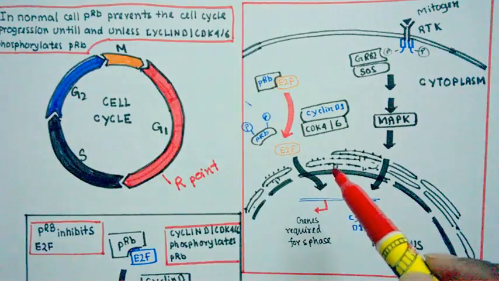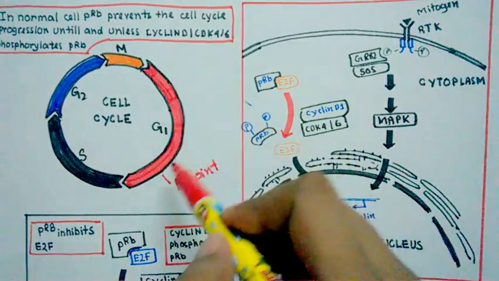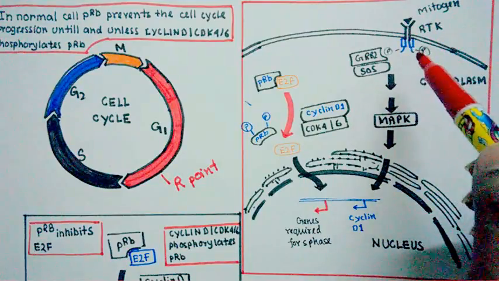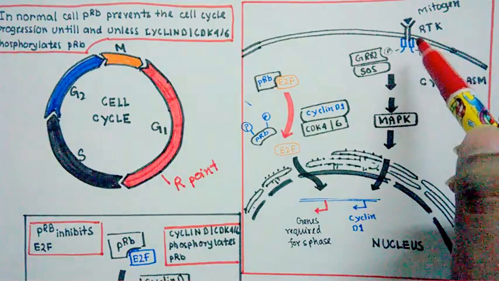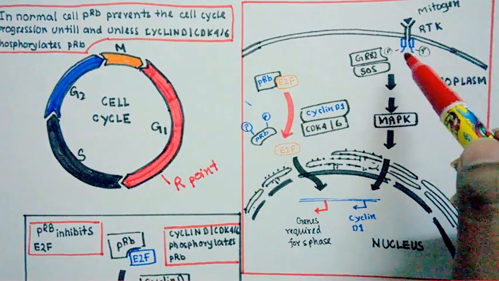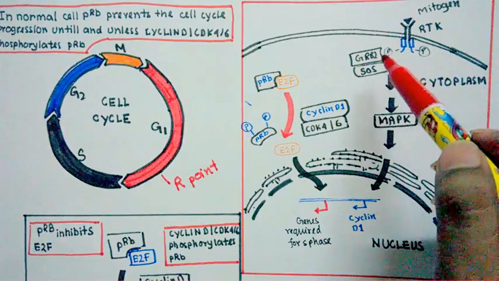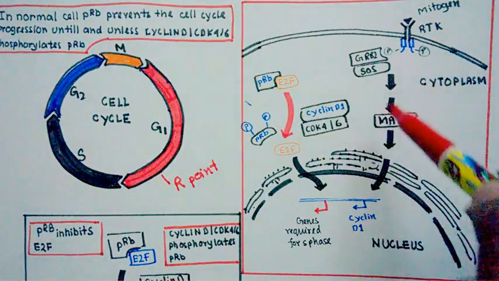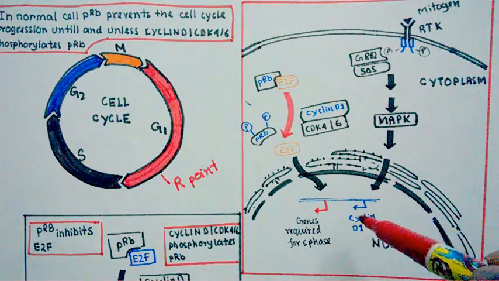So in the early G1 phase, a lot of mitogenic signal appears in the cell, and in a receptor tyrosine kinase mediated way, MAP kinase signaling happens, and the target for these mitogens is cyclin D1.